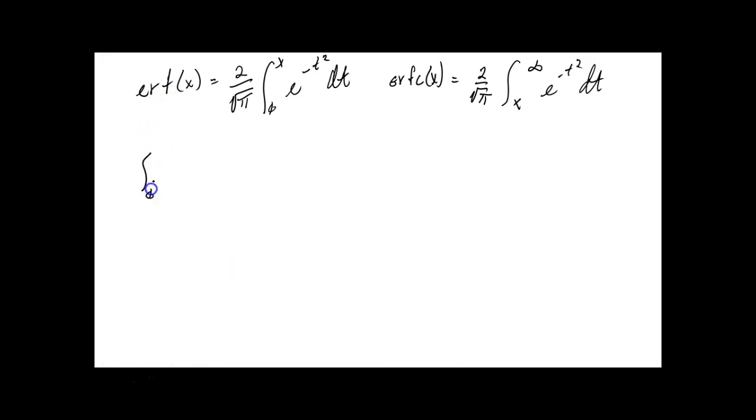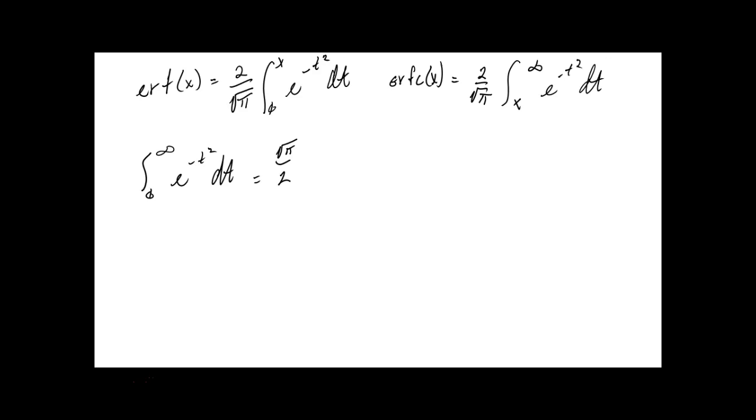That the integral from 0 to infinity of e to the minus t squared dt is equal to square root of pi over 2. Okay? So that is something that we're supposed to know already.